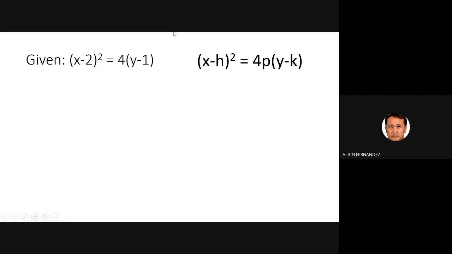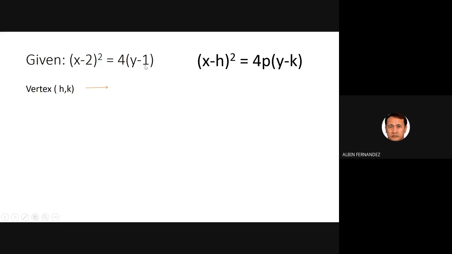So what information can be obtained from this standard form? First and foremost, the vertex is obtained by having (h, k). Therefore, from this equation, we have h to be 2 and k to be 1.